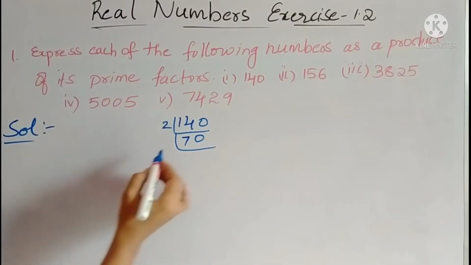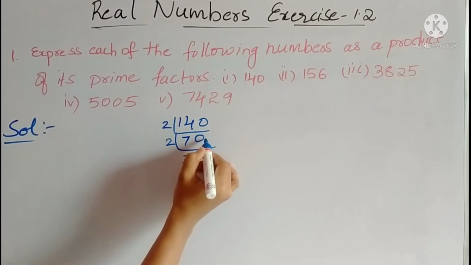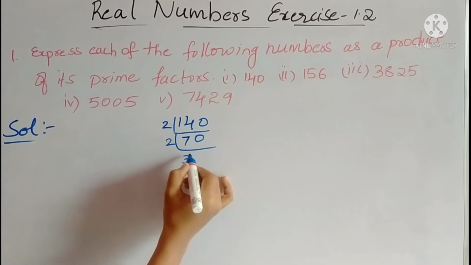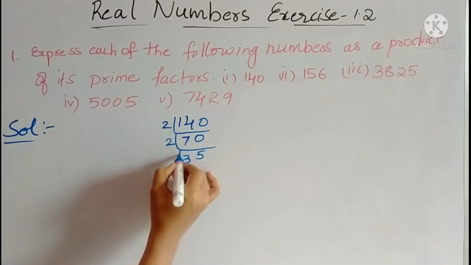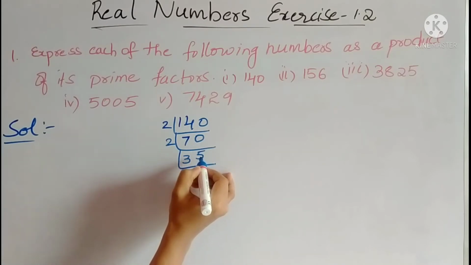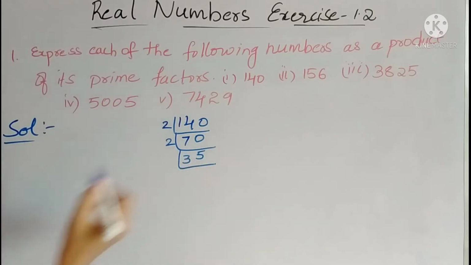Again 0 is there, it is divisible by 2. 2 threes are 6, 1 0, 10 here. 2 fives are 10, and here in the units place 5 is there, so it is not divisible by 2.